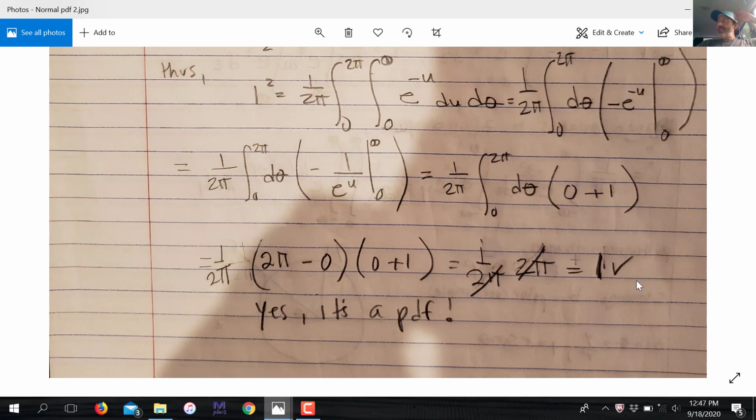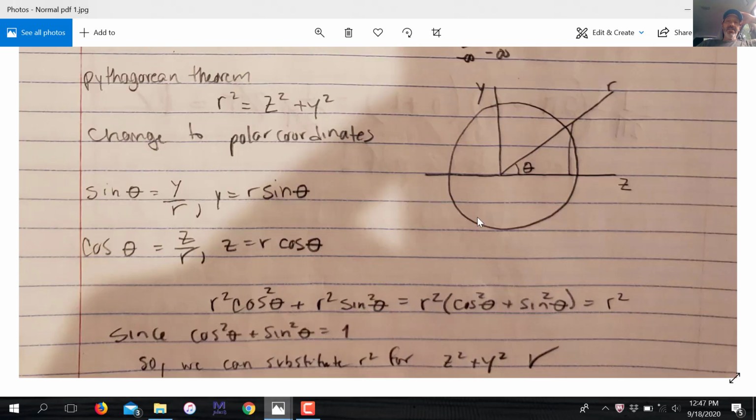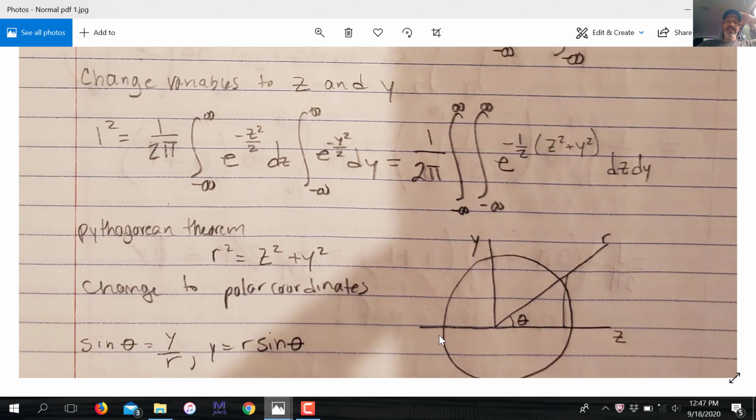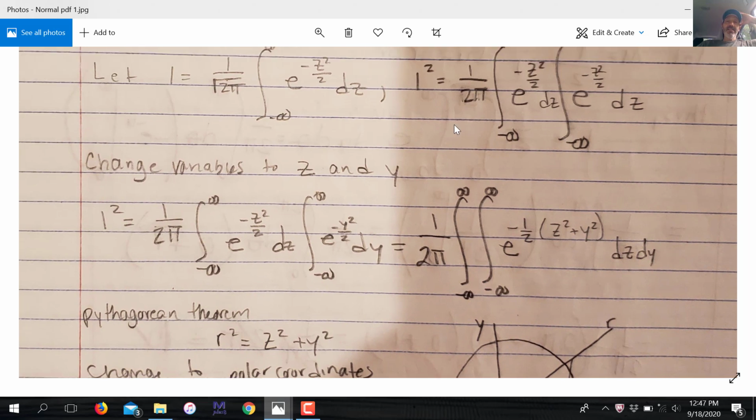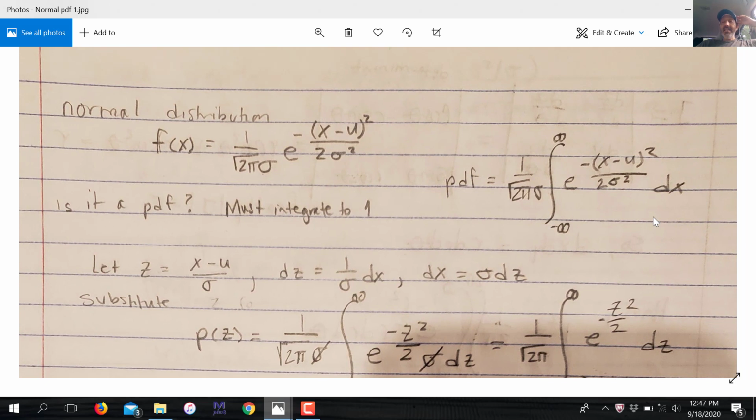So we have just proven that this original function that we had here, where is it? This original function, I like that. That's pretty funny. Well, at least I think it's funny. This original function here is indeed a probability density function because it does integrate to 1.